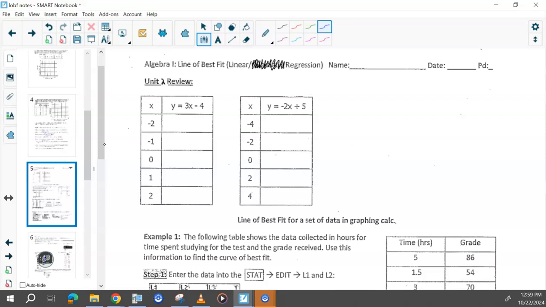Alright, so we were just doing stuff like this with our function notation. So in that, disregard the number. If I had an x value of -2 and I wanted to find the y value, I would put that in for x and figure out what y is. So that would be y equals 3 times -2 minus 4.